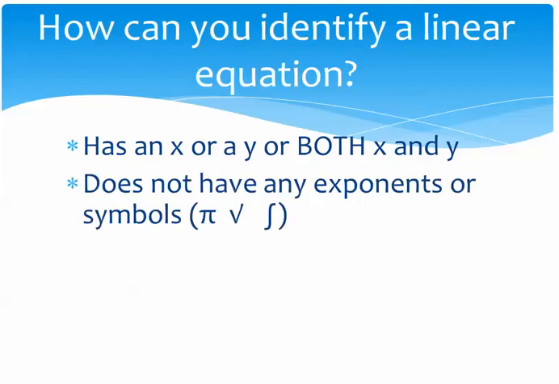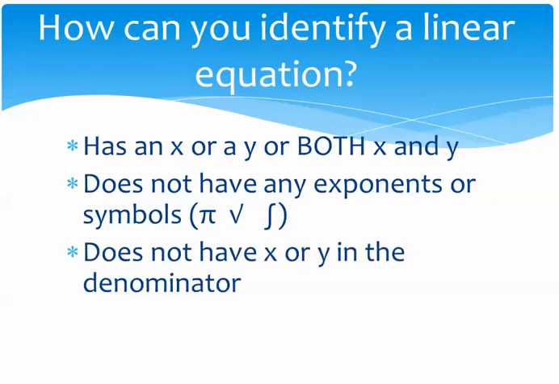Well, linear equations don't have any exponents or symbols. There's no square root symbols, there's no pi symbols, there's no symbols at all. It's pretty much the most boring equation you can think of, just x's and y's and numbers. It also cannot have an x or a y in the denominator. In the bottom of the fraction, there can be no variables.